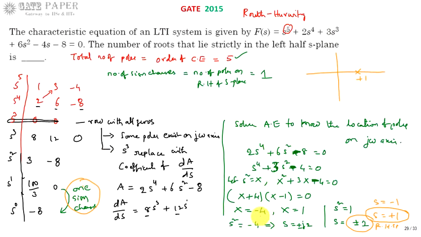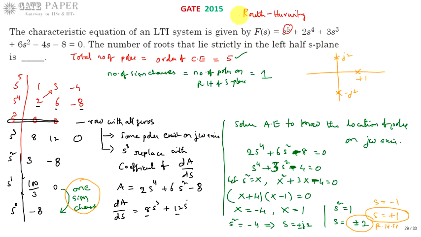And there are two poles at plus j2 and minus j2, which are poles on the j omega axis. So on the right hand side there is one pole and two poles on the j omega axis, a total of 3. Out of the total number of poles of the characteristic equation, which is 5, 3 poles are on the j omega axis as well as the right hand side.